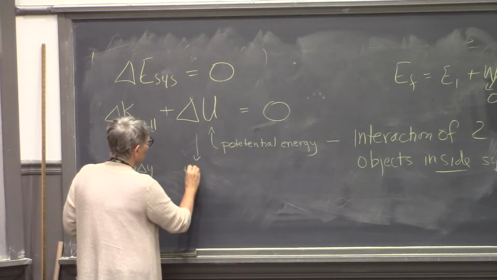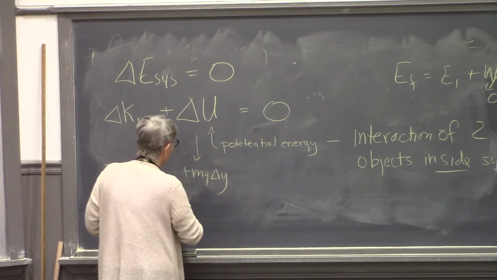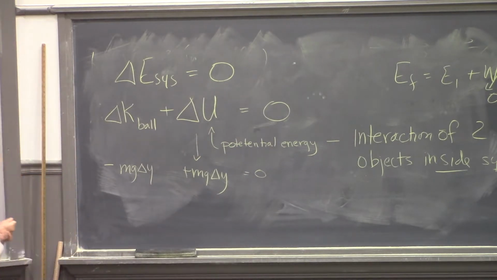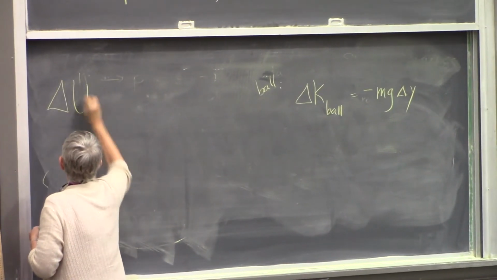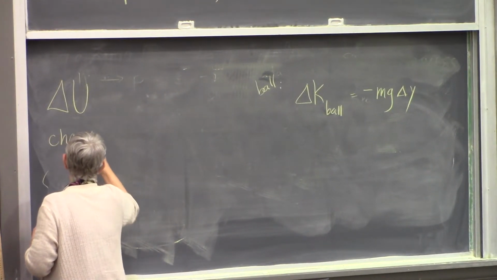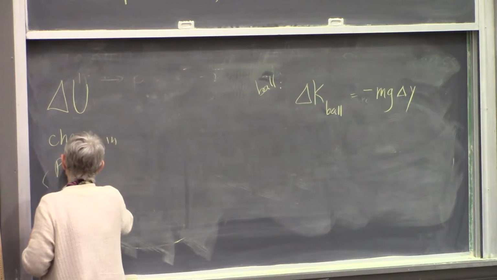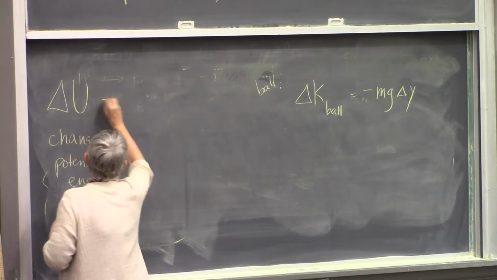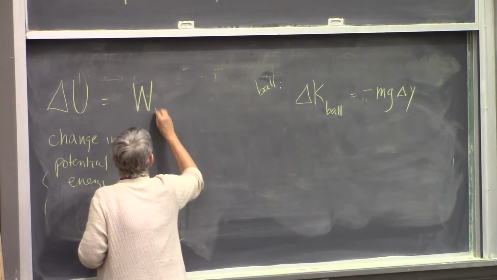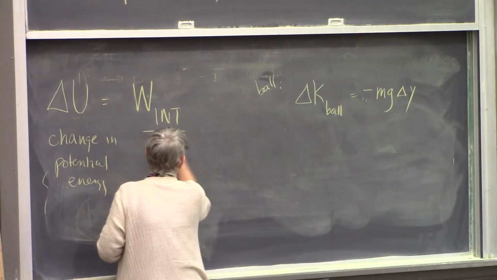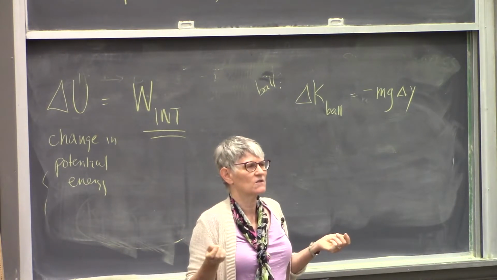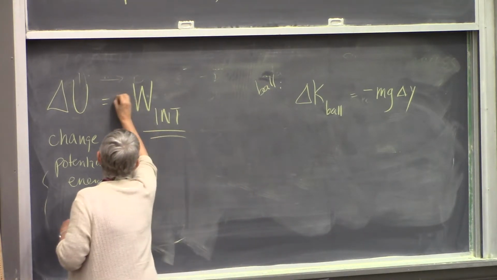This has to be a plus mg delta y to come out to 0. And it's equal to the change in potential energy of the system, which is equal to the work done internal to the system. So the Earth does work on the ball. We can't count it as work by the surroundings, and it's got to have a minus sign because the sign changes.